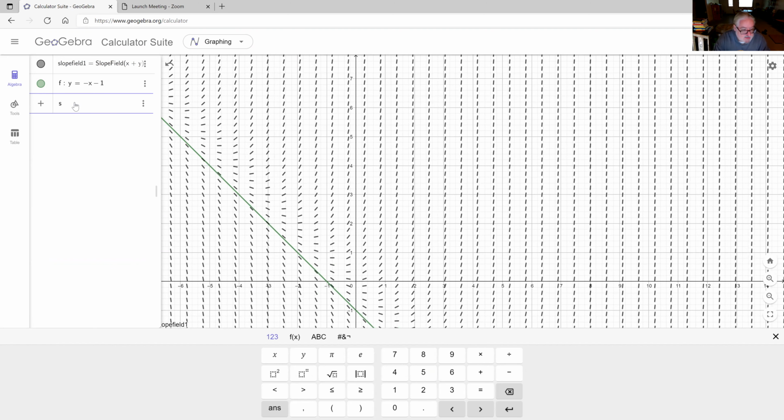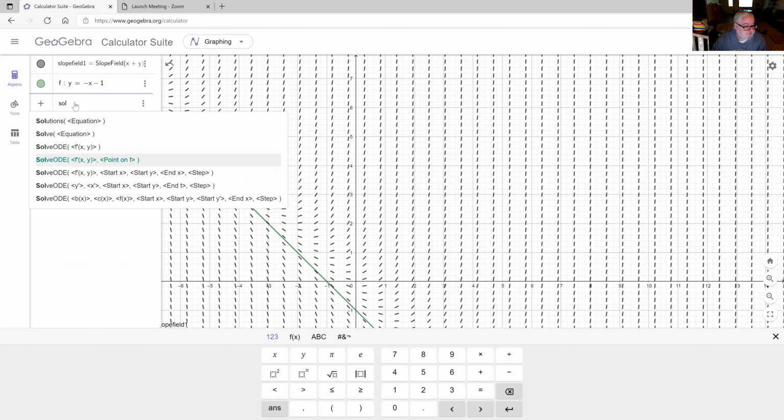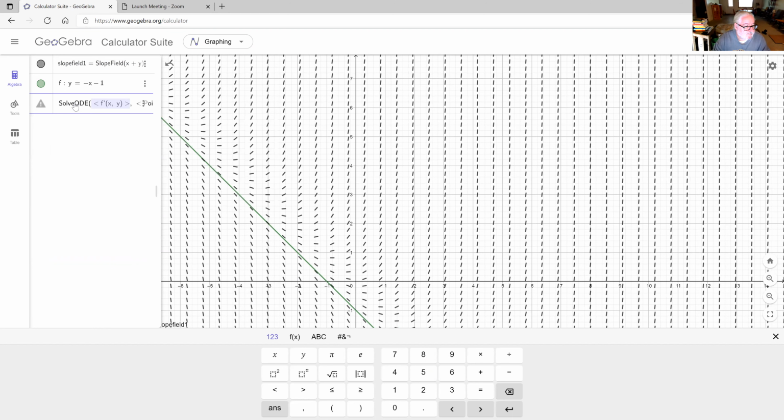Our initial condition: we're solving x plus y is our field, and the point we're starting at is minus 4 comma 3.1. And there's our equation.